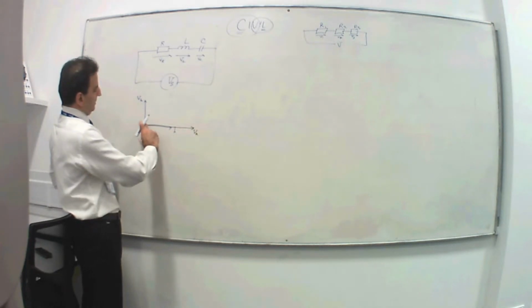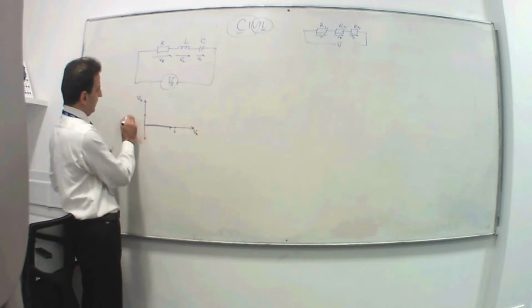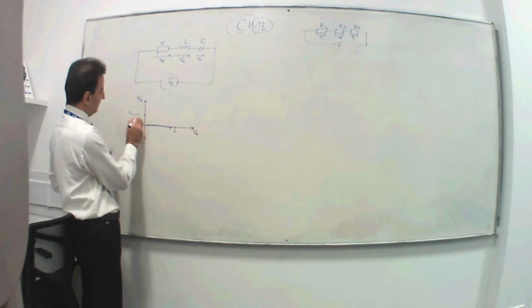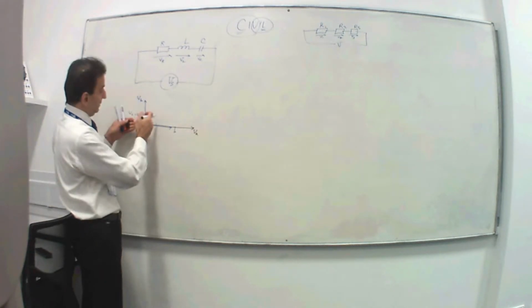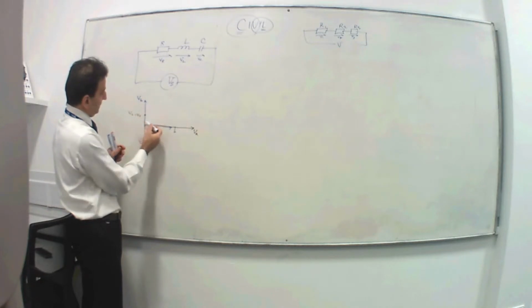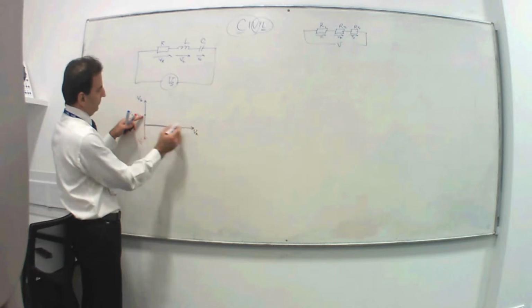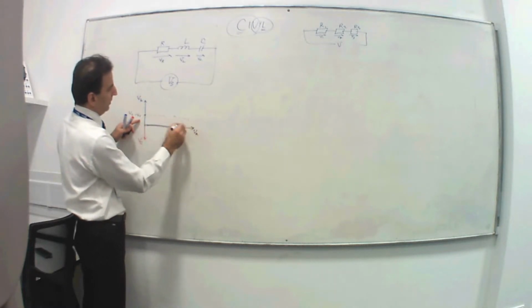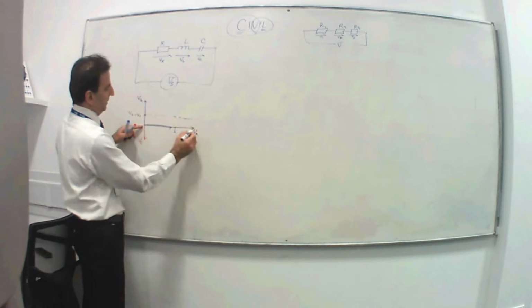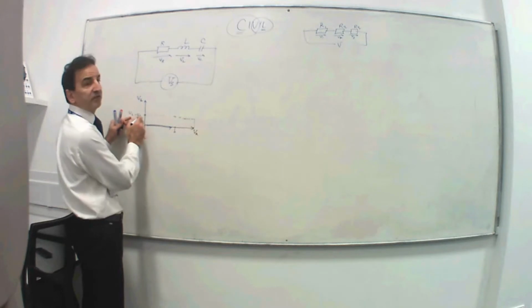So VC taken away from VL, that's VL minus VC. So it basically shifted this up as VL minus VC, and then add these two vectorially. You draw a parallel line to VR and another perpendicular to VL minus VC.